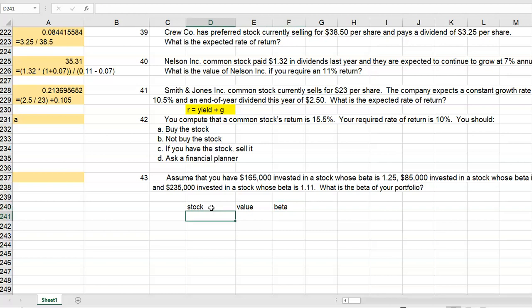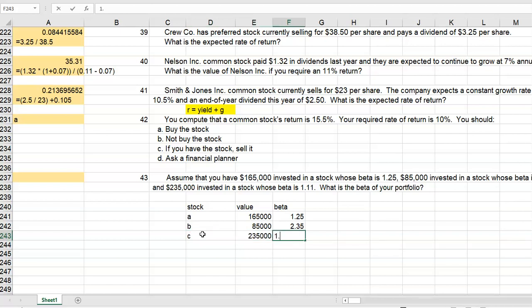So I got stock A. Its value is 165,000. Beta is 1.25. I got a stock B, whose value is 85,000. And the beta is 2.35. And I got another one, C. So it's 235,000.